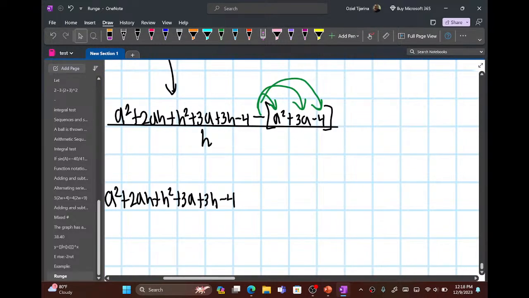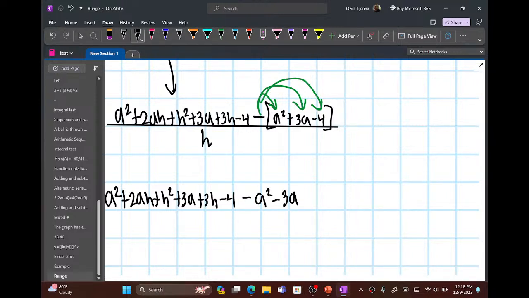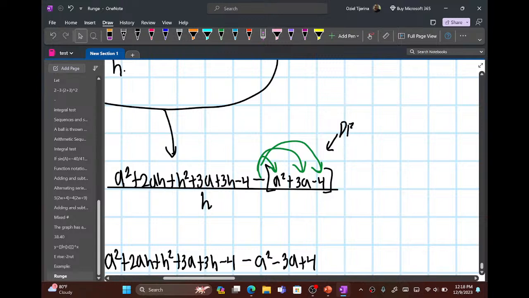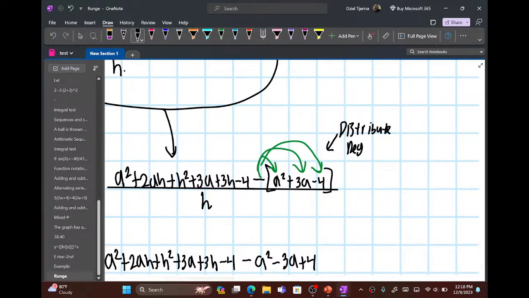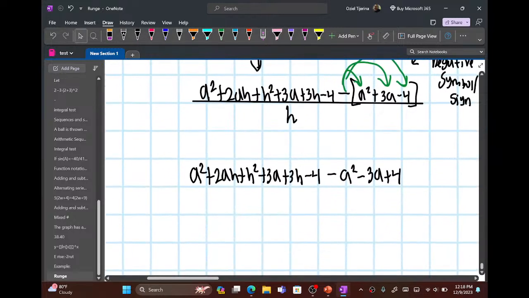We're going to put the minus symbol like this. It's going to distribute minus a squared minus 3a plus 4. So you want to be careful. Make sure you distribute the negative sign. You always want to make sure you do that when you're subtracting. All over h.